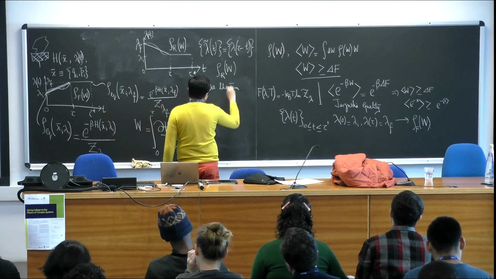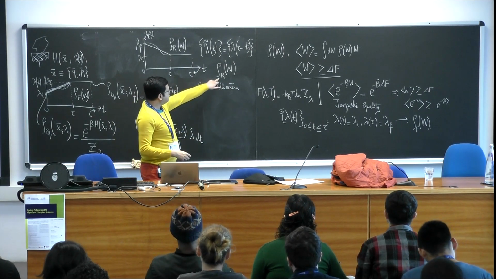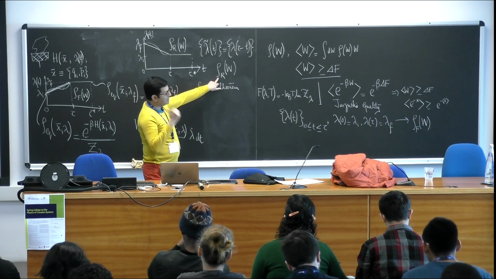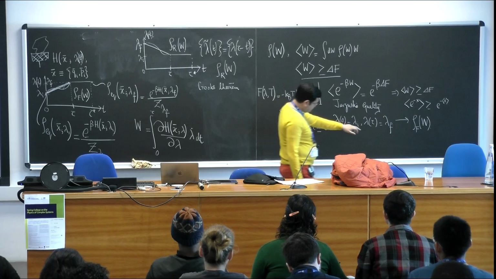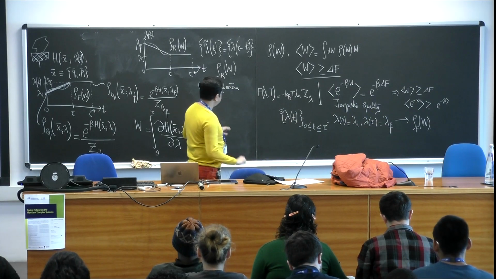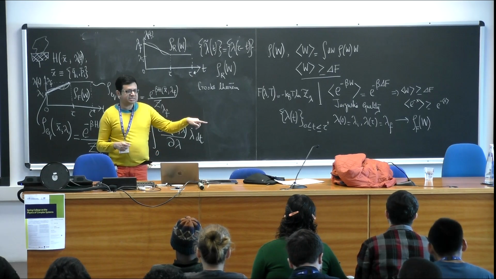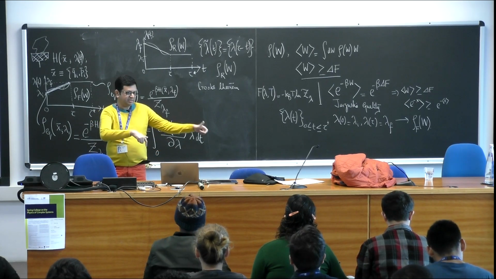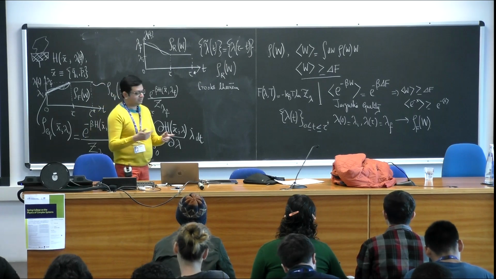So you may wonder, is there a relationship between the work distribution when the experiment was done in the reverse direction and the work distribution when the experiment was done with lambda changed in the forward direction? They have to be related in some way, because in the forward direction, if you do work on the system, in the reverse direction, work is done by the system. Okay?